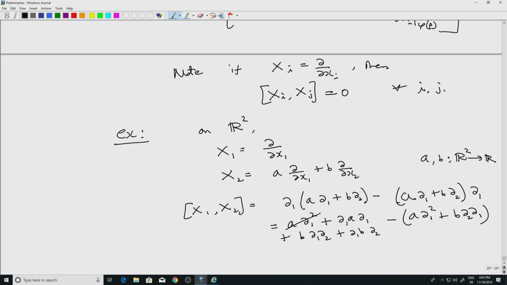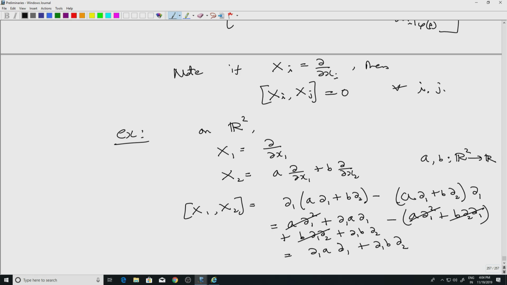Now a del 1 squared will cancel off, and b del 1 del 2 will cancel off with b del 2 del 1. So finally you are left with del 1 a del 1 plus del 1 b del 2.